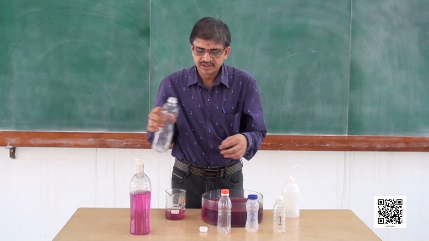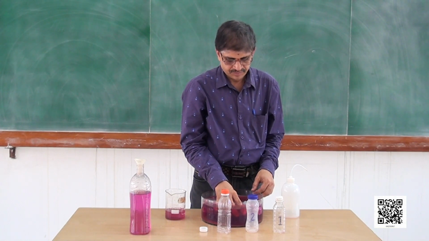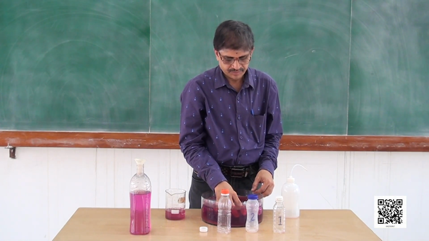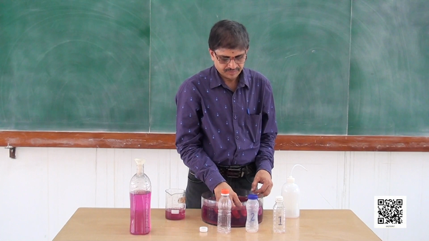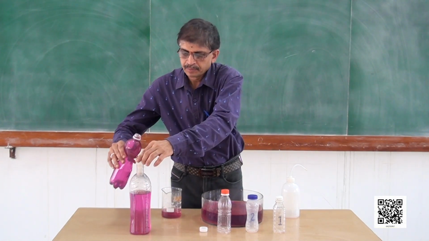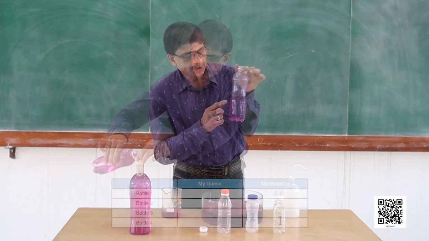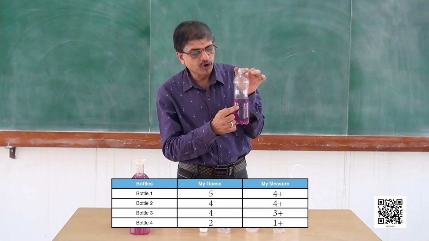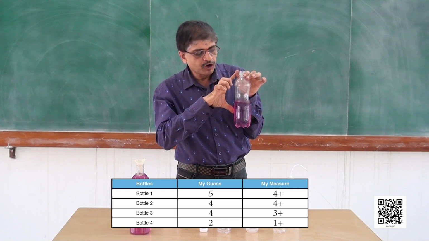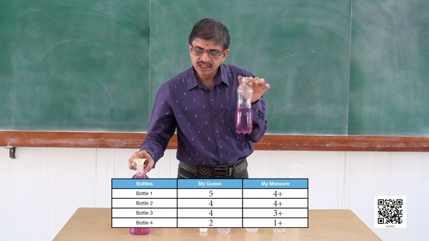Very good. We are pouring the second time. So, with this bottle number 4, we pour 1 full bottle and the second bottle up to here to fill this 1 liter bottle.